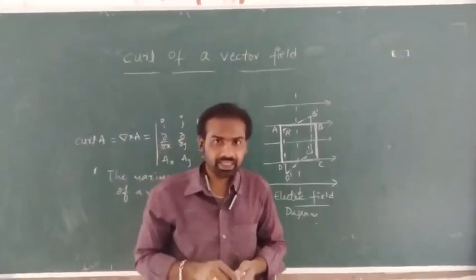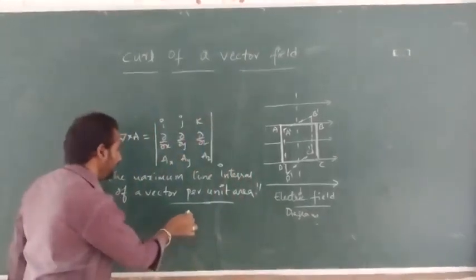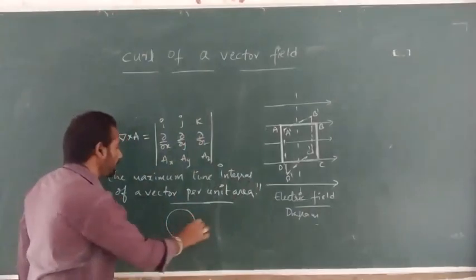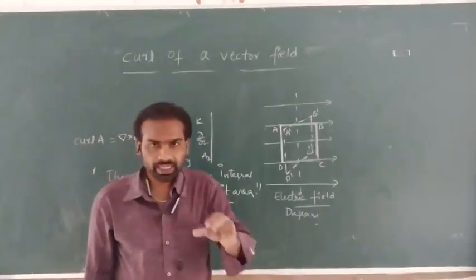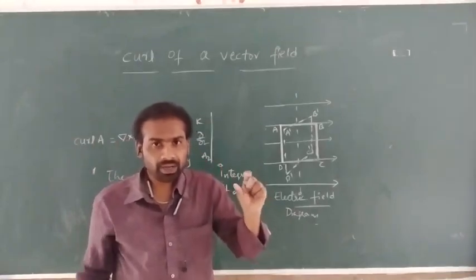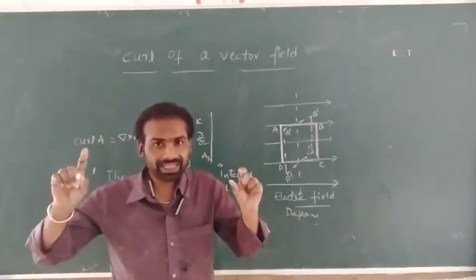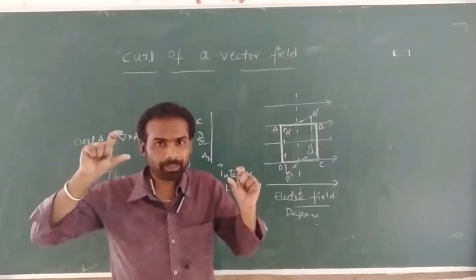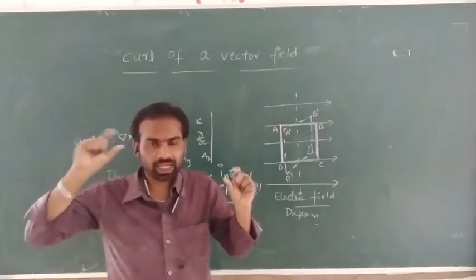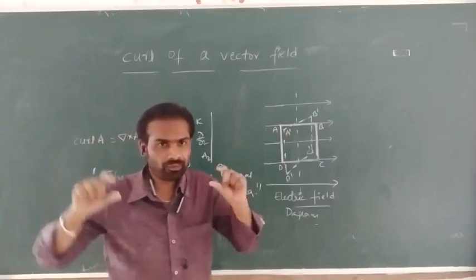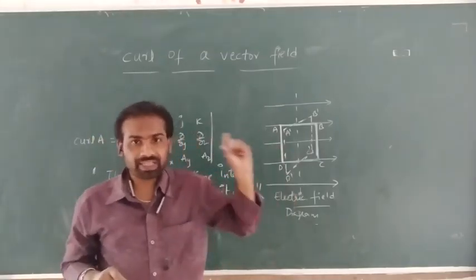In such a field, the line integral around the closed curve is 0. If you get any vector field by applying the del operator on any scalar, that vector field is called what?